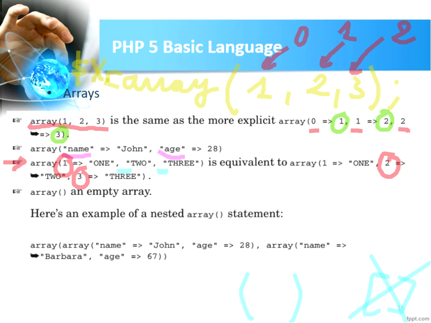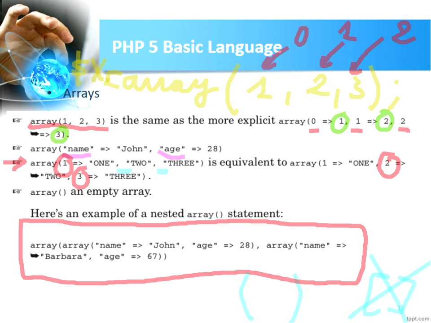Okay. So an array without elements is an empty array. Yes, automatically. And this one is an example of a nested array. So we can create an array of arrays. The first element of our array is an array.